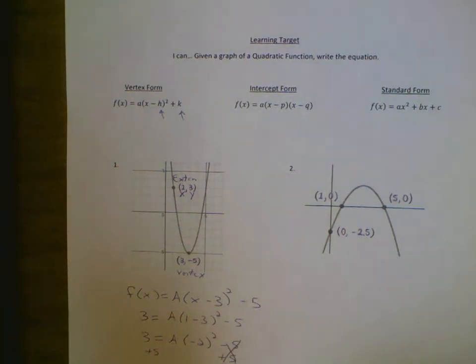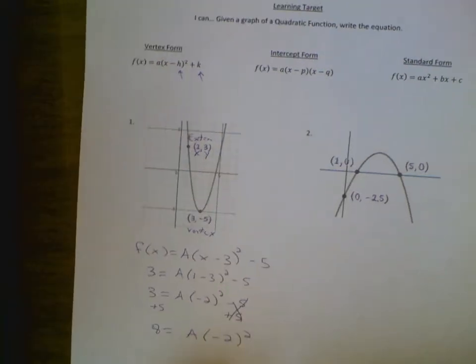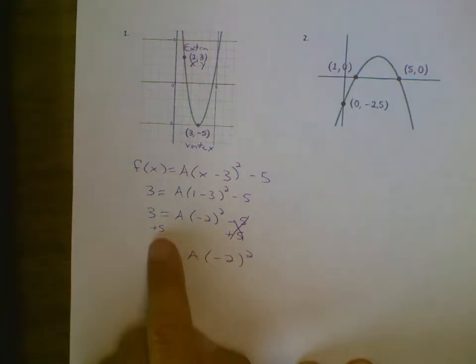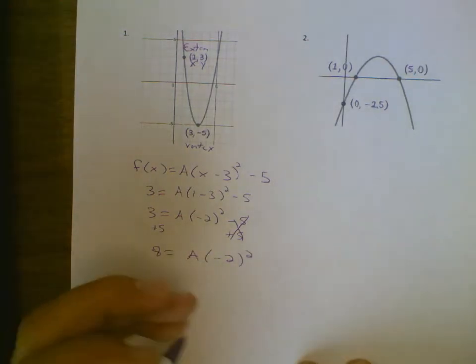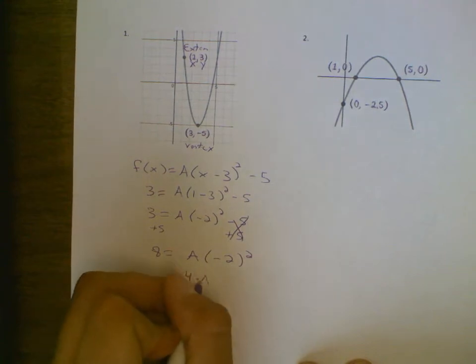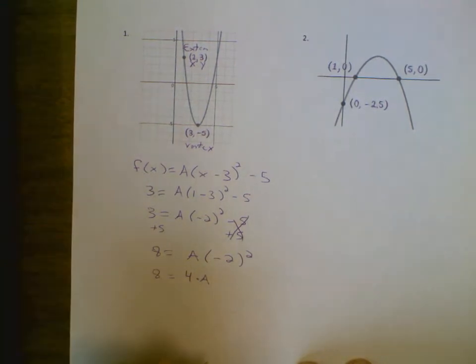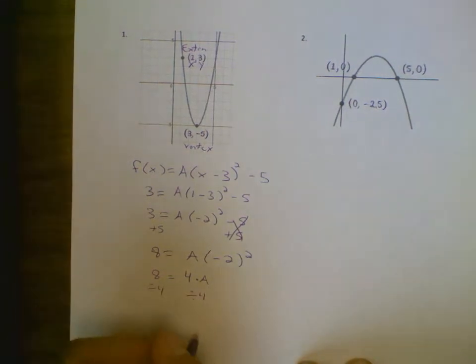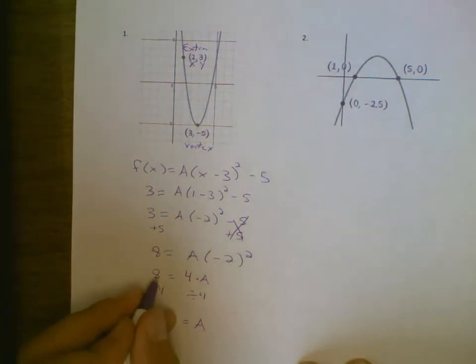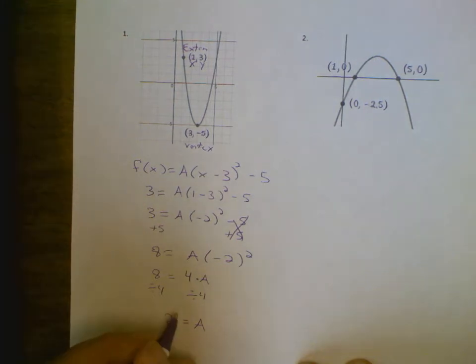So I get 8 = a times (-2) squared. -2 squared is 4, so I'm going to get 4 times a = 8. And then to get rid of the 4, I can simply divide by 4, and I'll get a = 8 divided by 4, which is 2. So my a value here is 2.